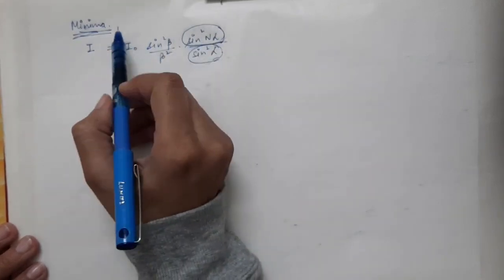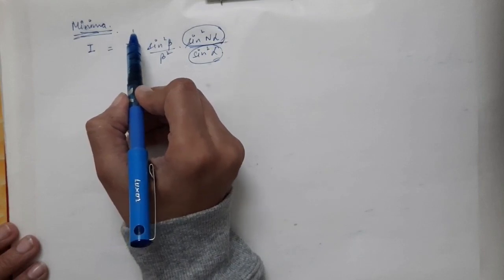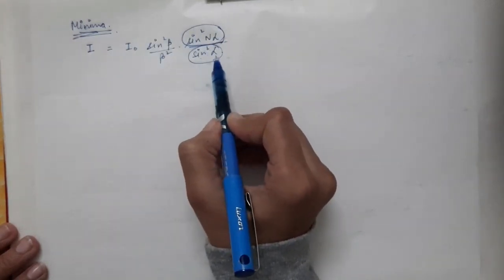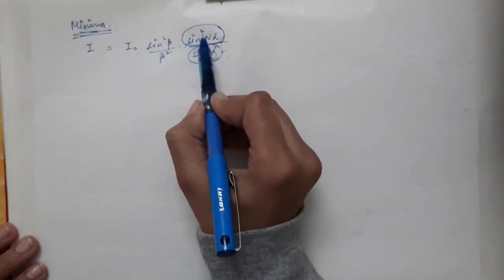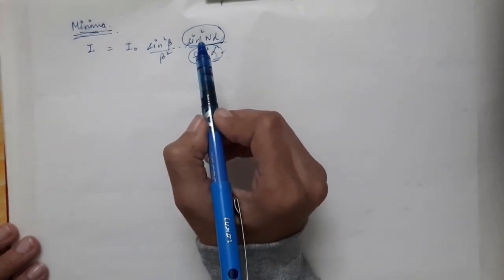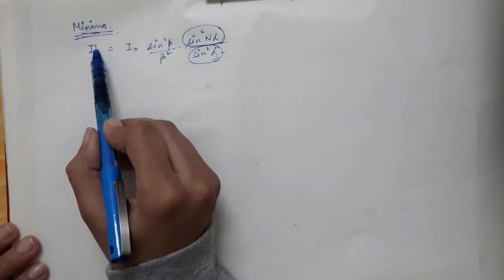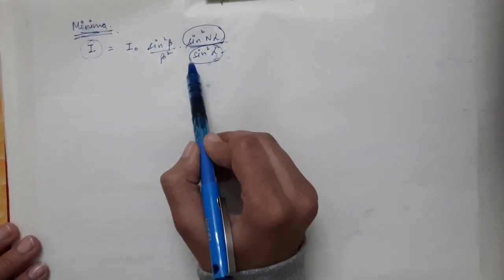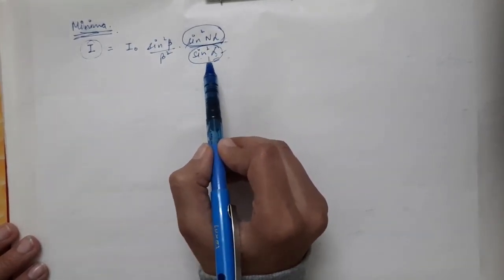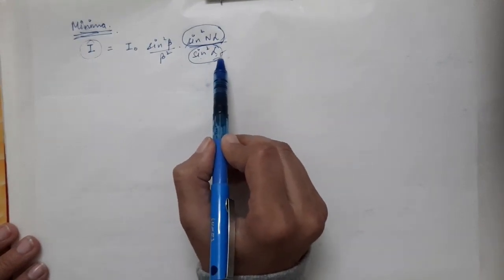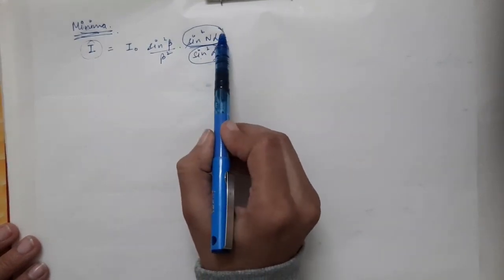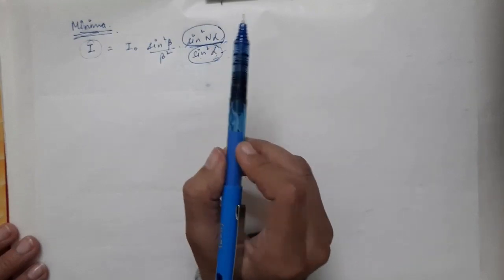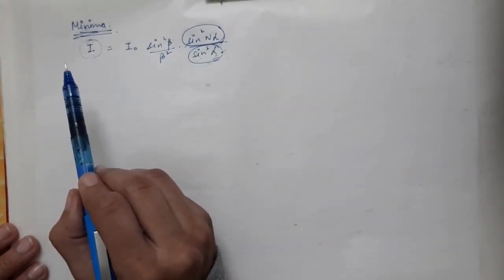As in the previous case of maxima, we have seen that sine square alpha is also equal to 0 and sine square n alpha is also equal to 0. But now in the condition of minima, this intensity must be equal to 0. So for that, sine square alpha, that is the denominator, must not be equal to 0. It should be non-zero, whereas the numerator must be equal to 0. That will make the net intensity equal to 0.